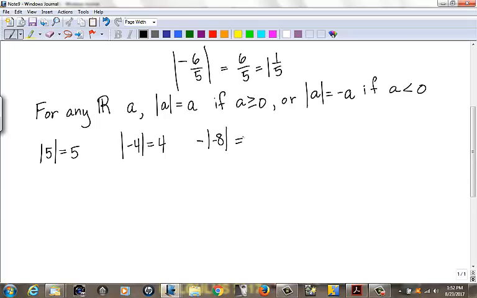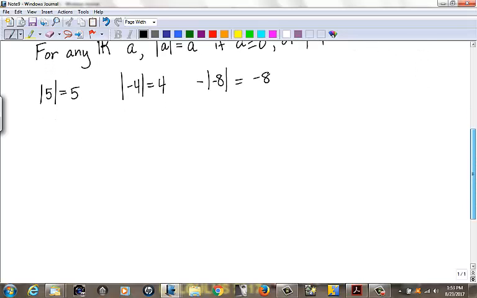So, absolute value of -8 is 8, and now take the opposite of it, and you're at -8. The only time this could possibly be negative is if there's a negative sign on the outside. Make sense? That shouldn't be anything different from your Algebra 1.